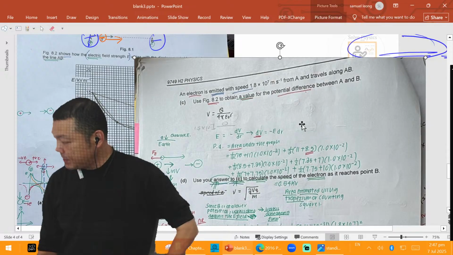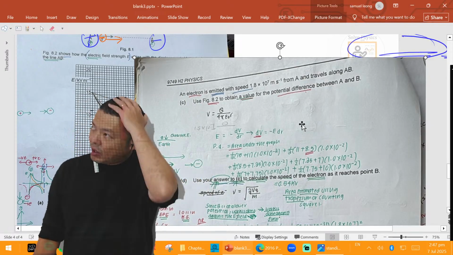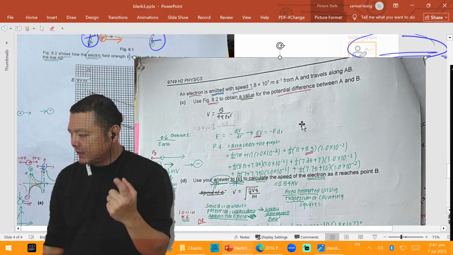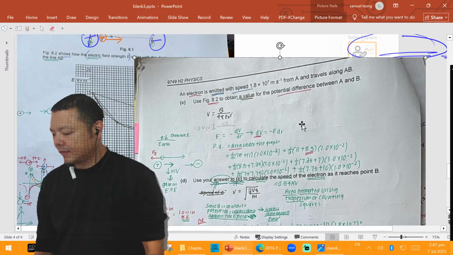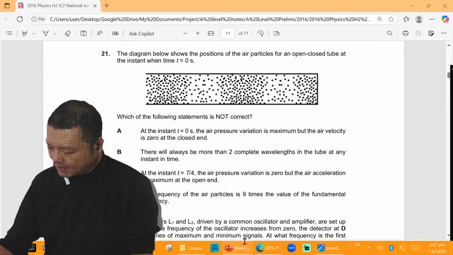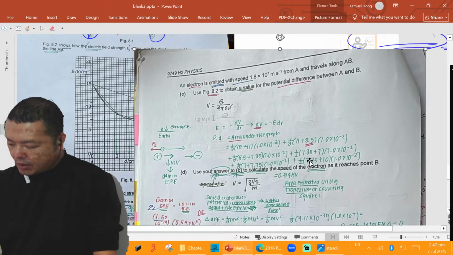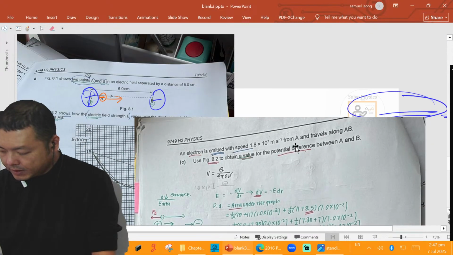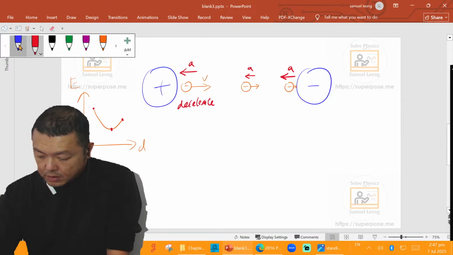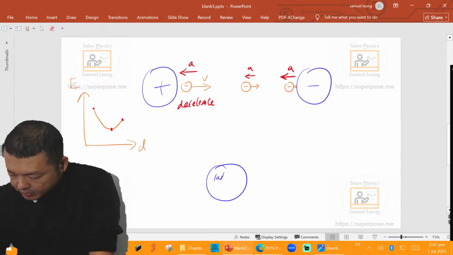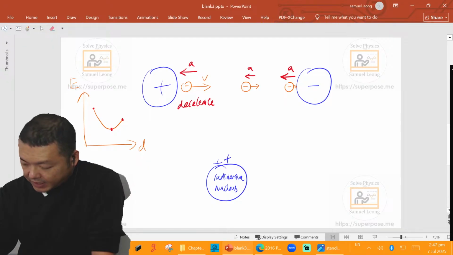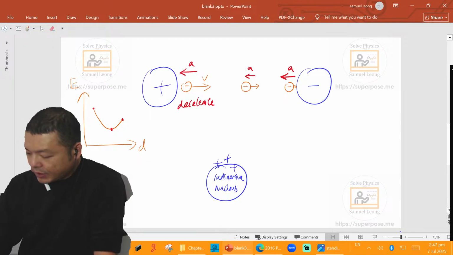The only possible way that this can happen according to real life context would be a radioactive particle that's emitting a beta minus particle. So you imagine, let's say a radioactive nucleus. A radioactive nucleus is positively charged, because it's a nucleus, the protons are inside.